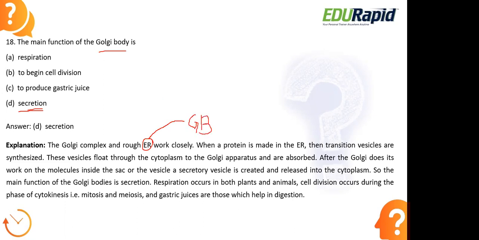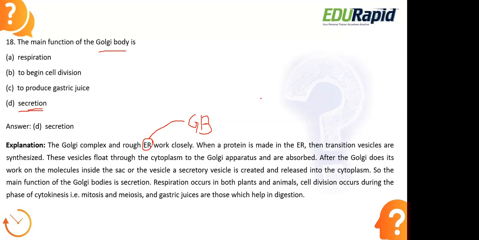Once the Golgi body completes all its work, the vesicles, the transition vesicles which are synthesized in the endoplasmic reticulum, now act as secretory vesicles in the Golgi apparatus. The secretory vesicles are created, synthesized, and then released to the cytoplasm.